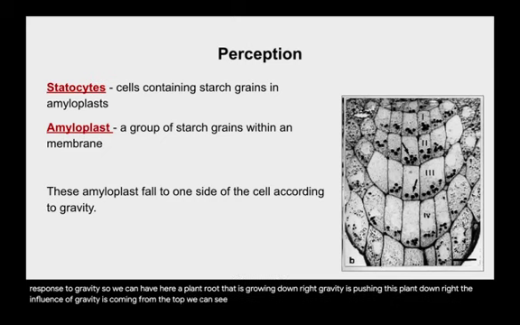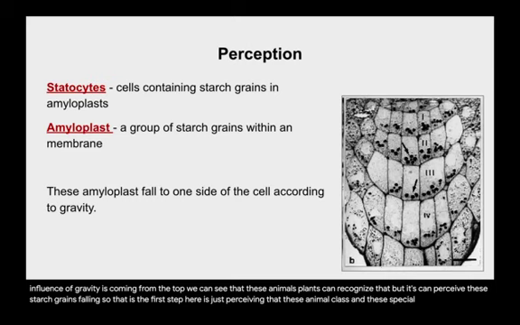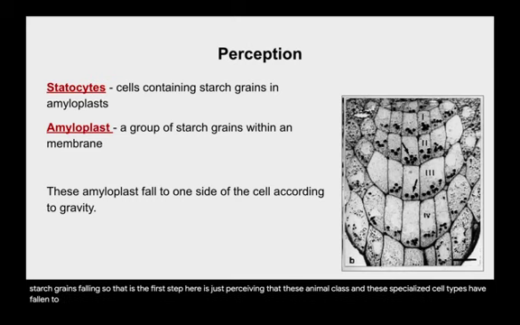We can see that these amyloplasts, these heavy starch grains, are falling to the bottom of the cell. Plants can recognize that. Plants can perceive these starch grains falling. So that is this first step here. It's just perceiving that these amyloplasts in these specialized cell types have fallen to one side of the cell.